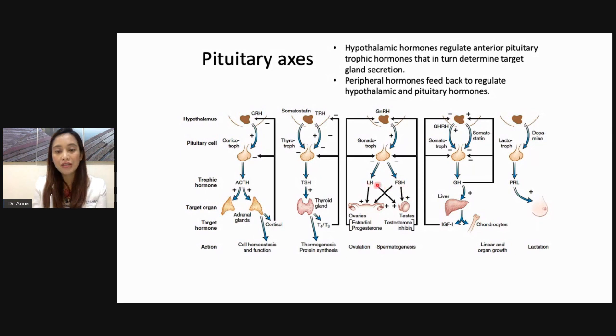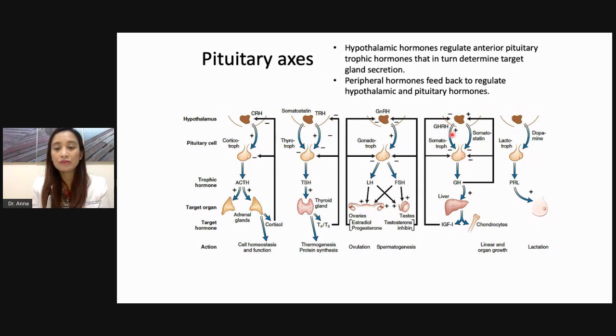LH and FSH will then act on your gonads to stimulate the synthesis and release of estradiol and progesterone from the ovaries, and testosterone and inhibin from the testes. Estradiol, progesterone, testosterone, and inhibin will then send negative feedback to your pituitary to modulate its secretion of LH and FSH.